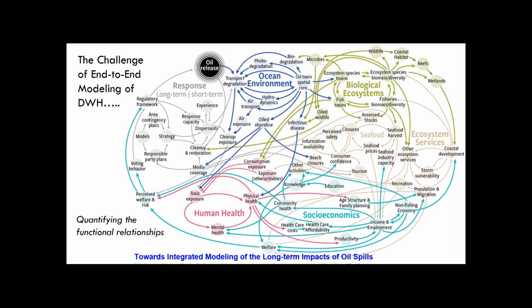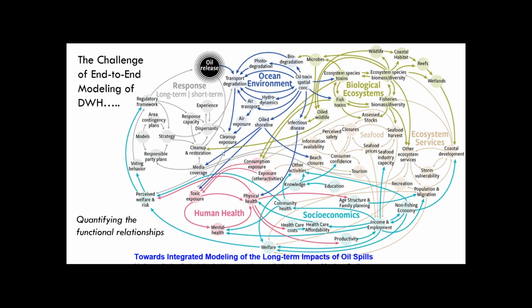Starting from the oil release scenario at the top, you can see there's a series of different domains of modeling and interaction, where the oil release results in transport and degradation, how that impacts the biological system, how that relates to human constructs like seafood, and how that works its way through that system, how that impacts in turn human health and socioeconomics, and then of course the regulatory frame out here.